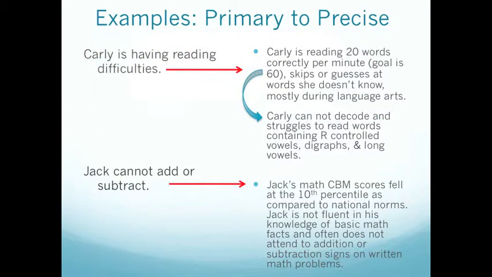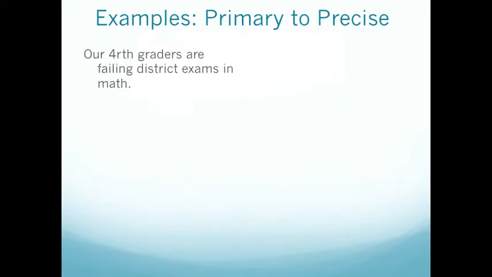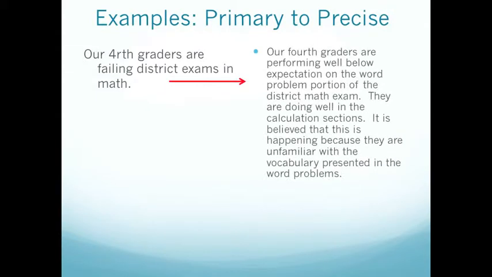We see that he's not fluent in his knowledge of basic math facts and that he often does not notice that there are differences between the operations of addition and subtraction. A few more. Our 4th graders are failing district exams in math. We get more specific, and we now find out that they're actually not doing as well on the word problems because we believe that they're unfamiliar with all the vocabulary that's embedded within word problems.